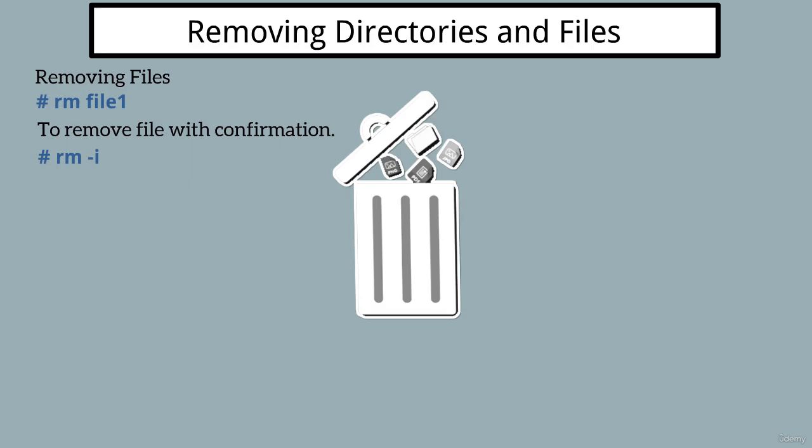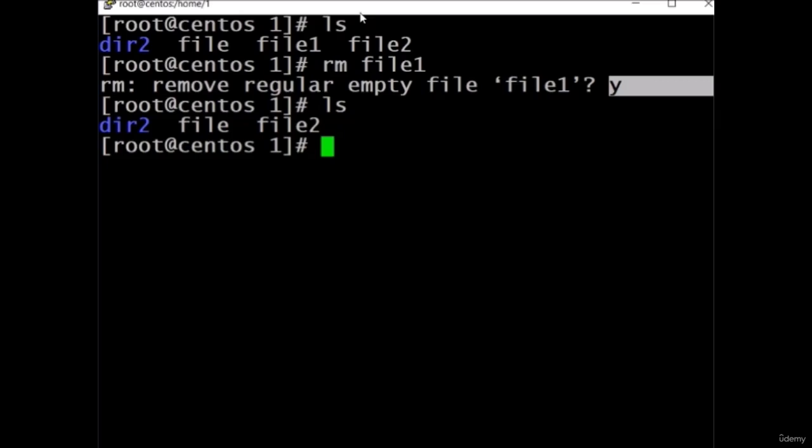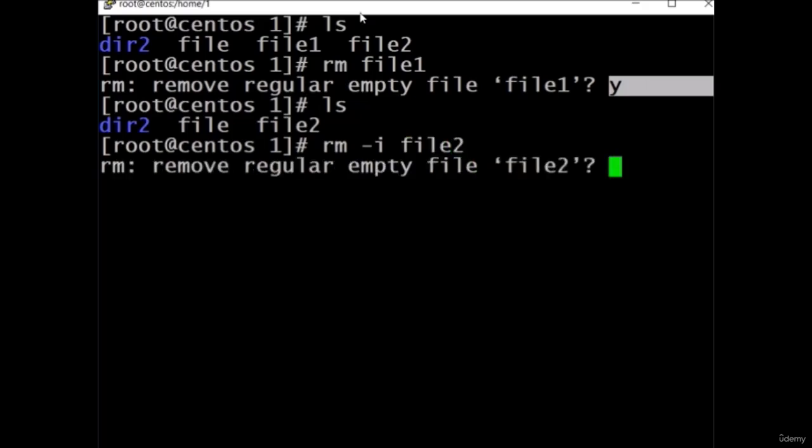So let's delete file 2 with the -i option to show you what you will get if normally you do not get a confirmation. So rm -i file 2. I'm going to hit enter.